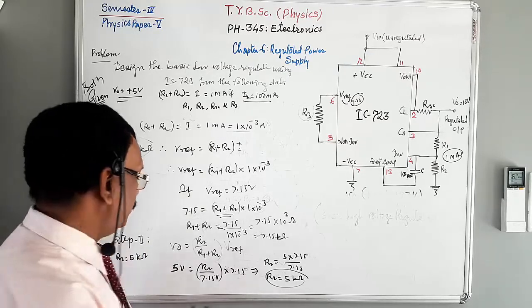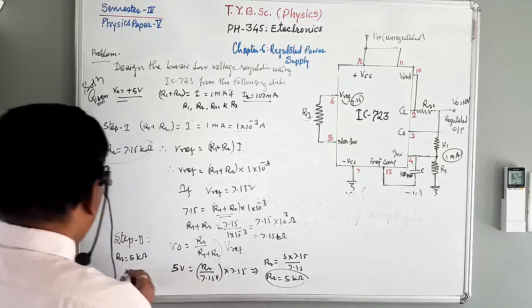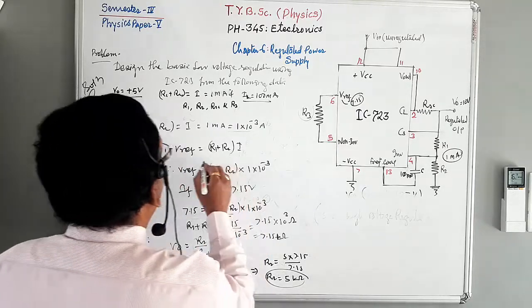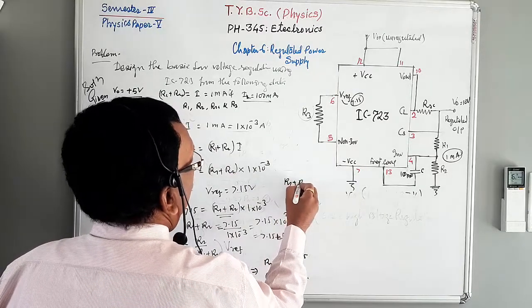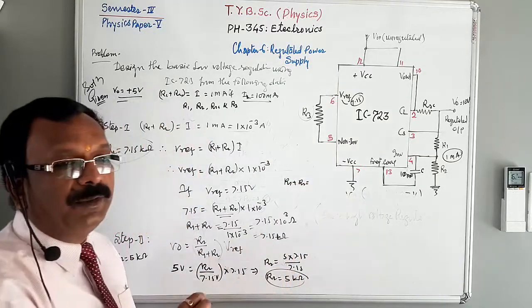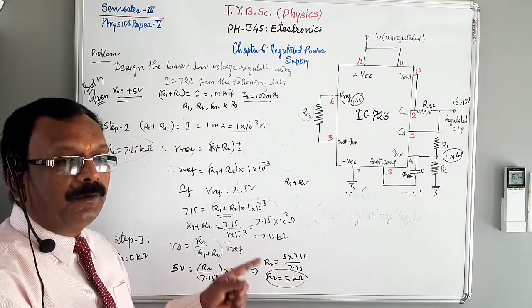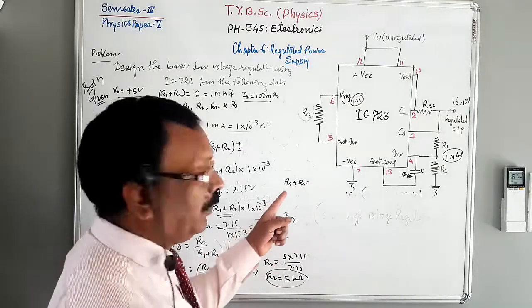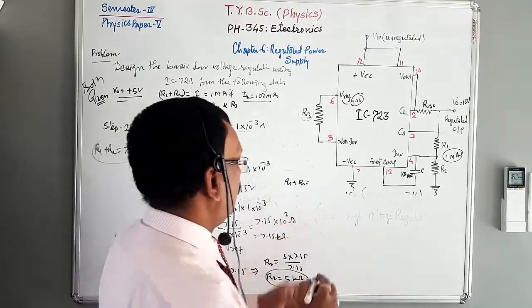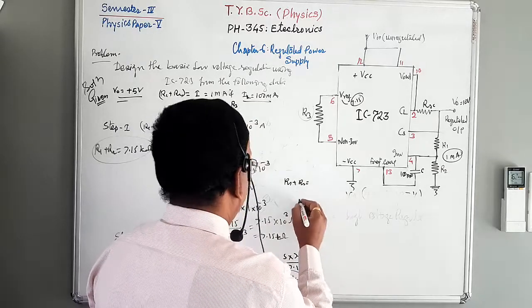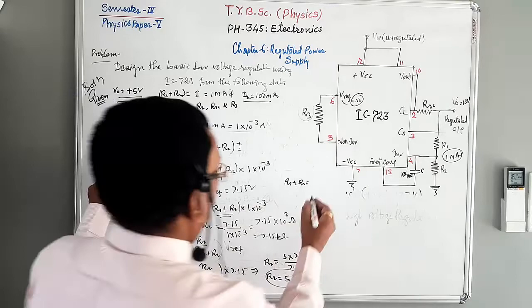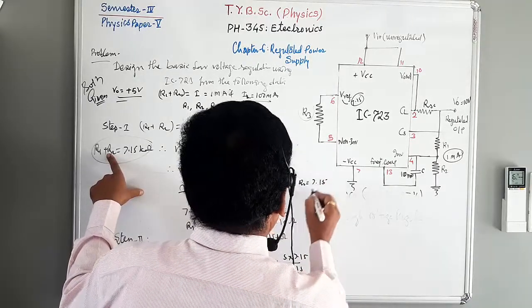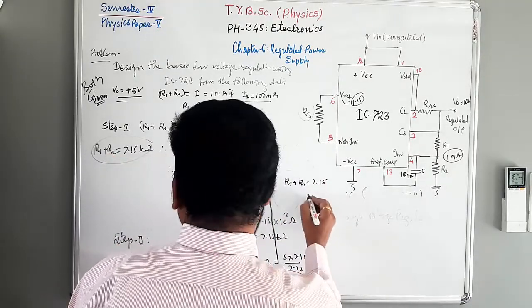Now in the third step, we know that R1 plus R2 is equal to what? We calculated here that R1 plus R2 is equal to 7.15 kilo ohm. The value of R2 is 5.